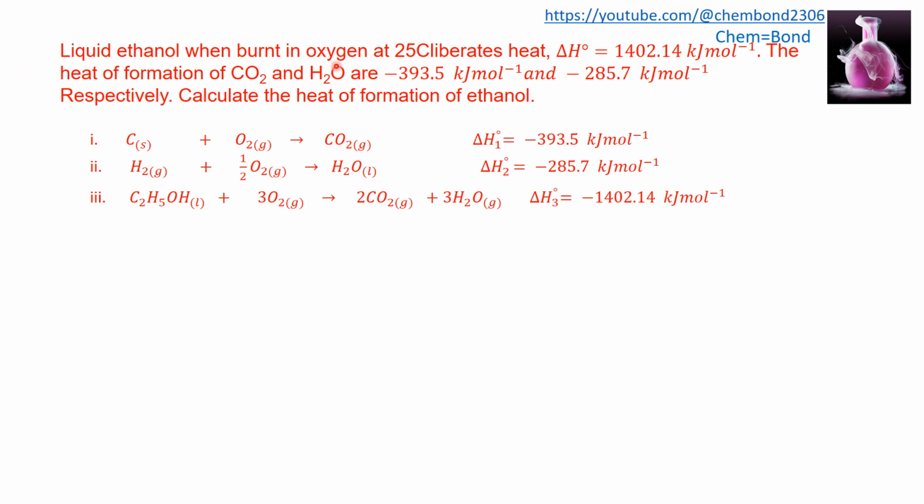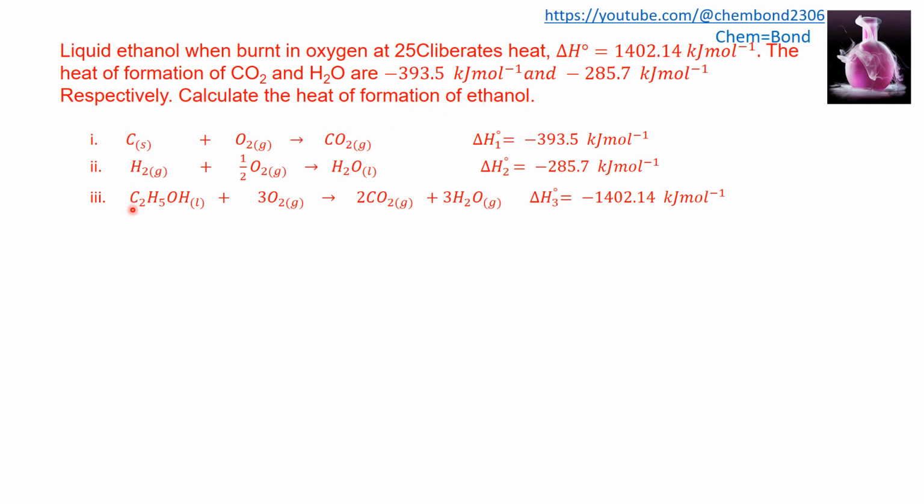Liquid ethanol when burned in oxygen at 25 degrees C liberates heat, delta H is equal to minus 1402.14 kilojoule per mole. The heat of formation of carbon dioxide and water are minus 393.5 kilojoule per mole and minus 285.7 kilojoule per mole respectively. Calculate the heat of formation of ethanol.